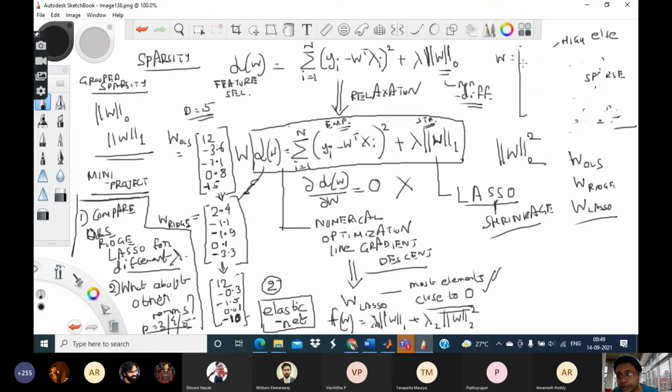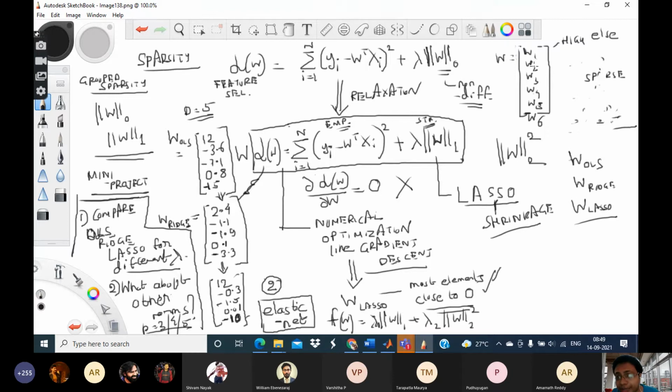Let us say this is your w1, w2, w3, w4, w5, w6. Let us say these are the six attributes which you have. The w6 may stand for bias, or you just consider these 5 attributes.